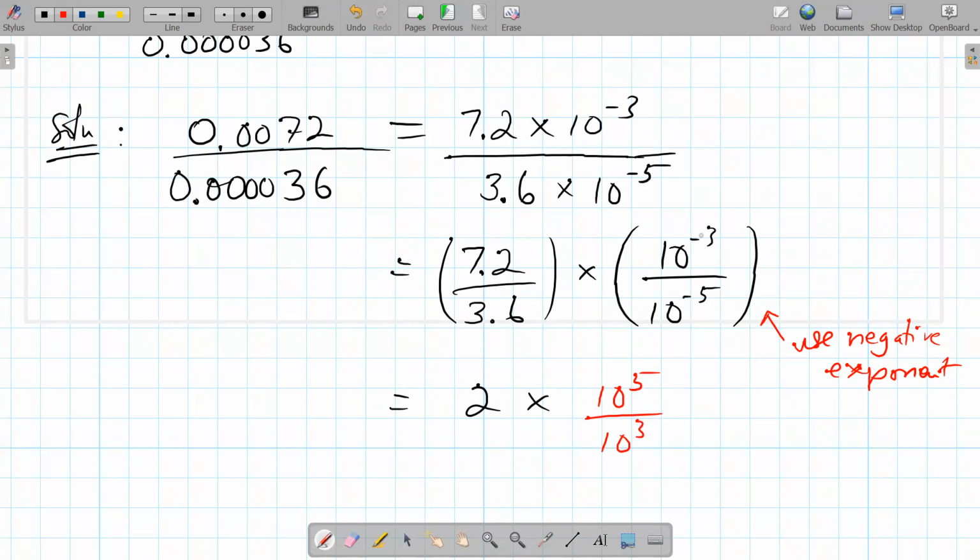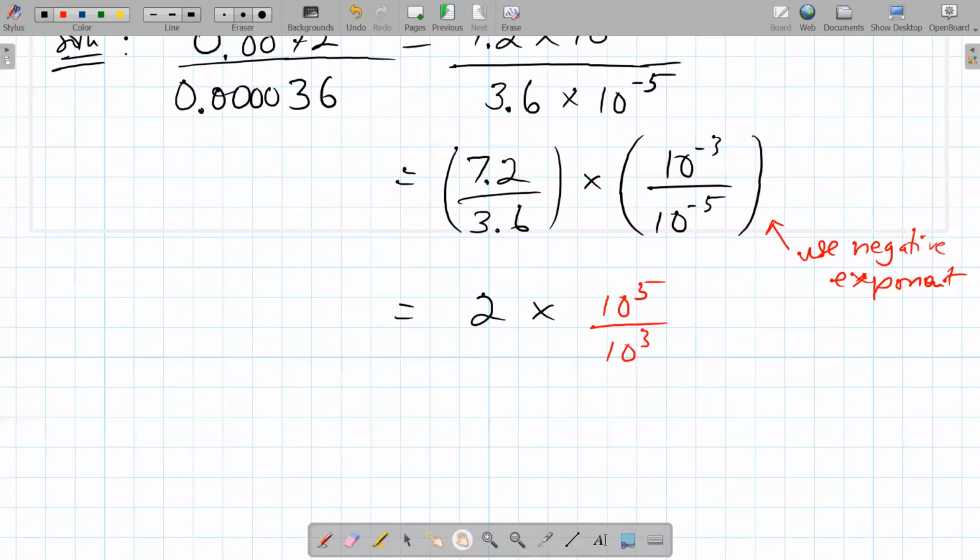Because I'm changing the negative exponents, I need to move their positions. So at the end of the day, I get my 2 times here. You're going to use the quotient rule. The quotient rule says that you subtract the smaller power from the larger power.